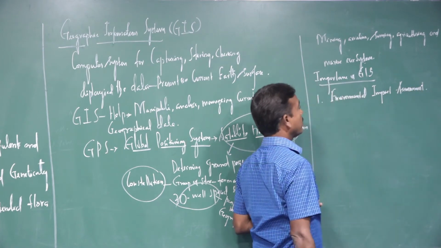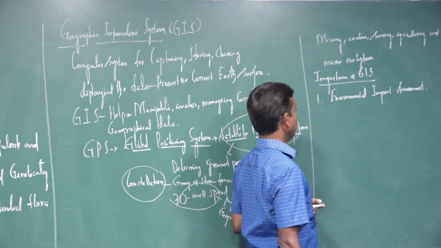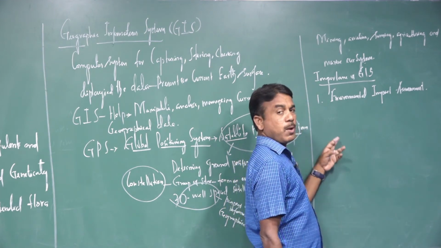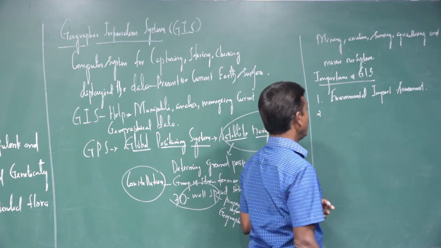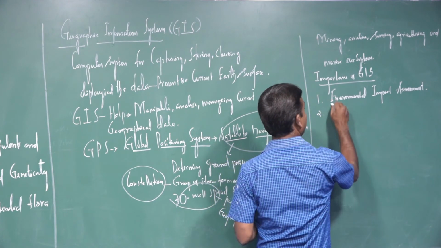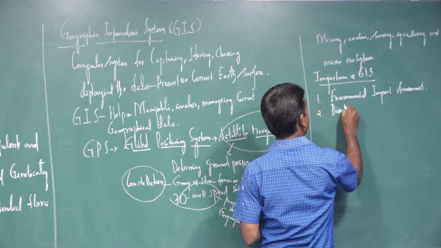This is the first use of the geographic information system. Second, disaster management.